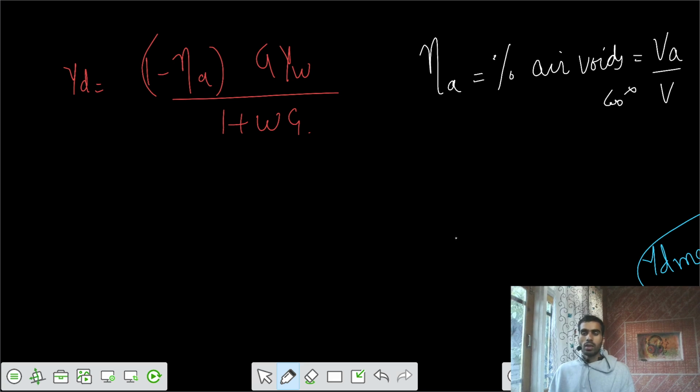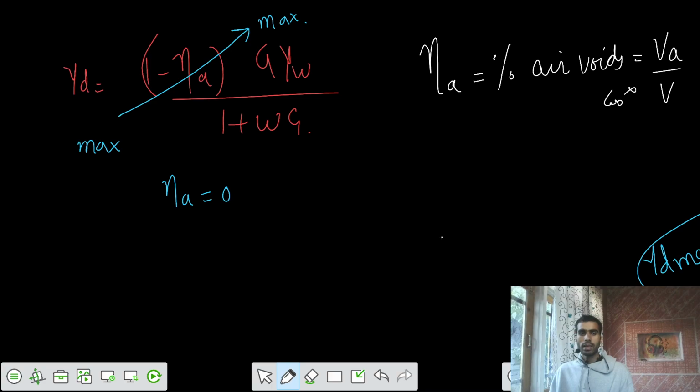So if I want this total value of gamma D to be maximum, that means your 1 minus Na should be maximum. So Na should be 0, such that 1 minus Na is maximum.